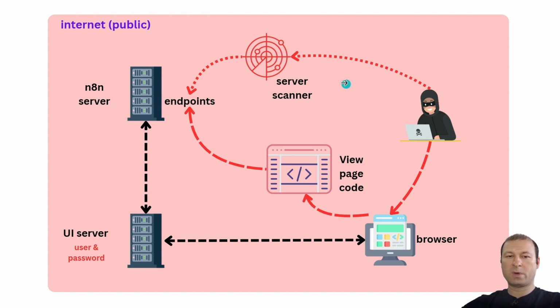And you might wonder how an attacker can do that. Finding your n8n server is simple, because they broadly use server scanners for n8n servers, and they can find these instances that they can scan, or a range of IPs of instances that they can scan.